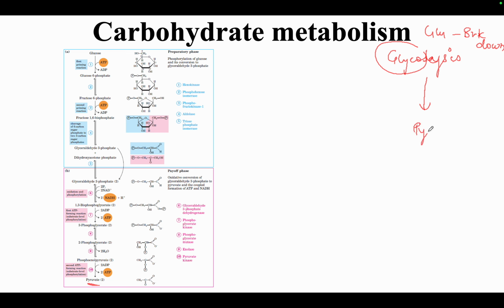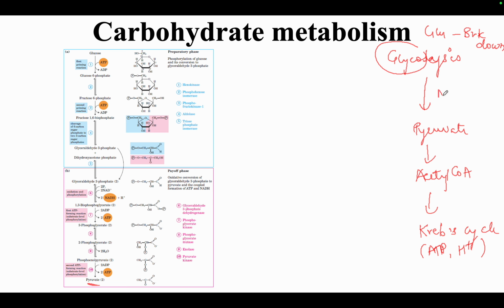This pyruvate is further converted to acetyl CoA, and this acetyl CoA will go into the Krebs cycle, wherein we get ATP production and reducing power, which I was talking about.